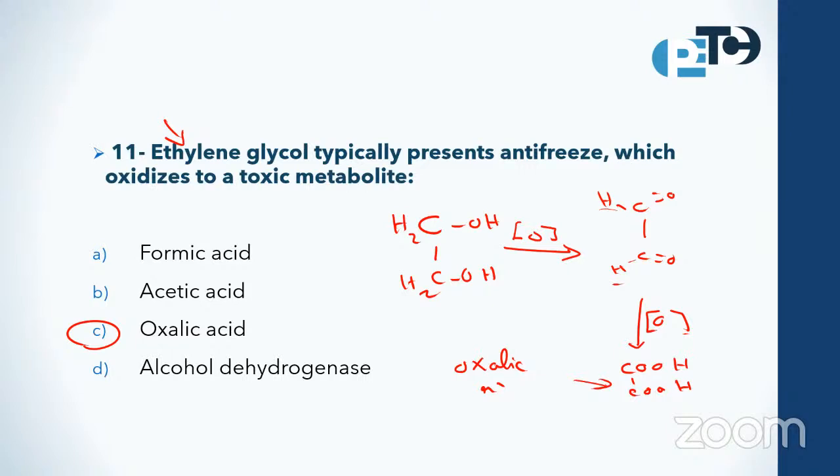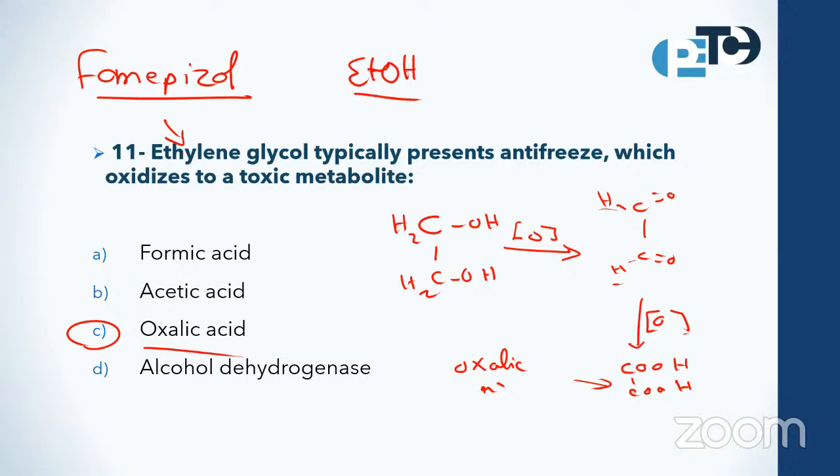What is the antidote for this toxin? Fomepizole, and ethanol injection. If fomepizole is not present, ethanol injection should be given. Plus, which substance will utilize oxalic acid and decrease its toxicity?